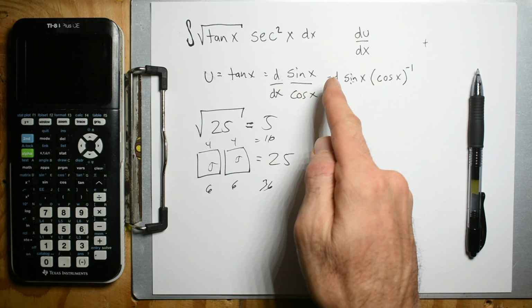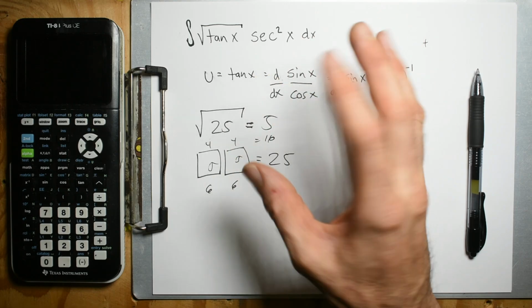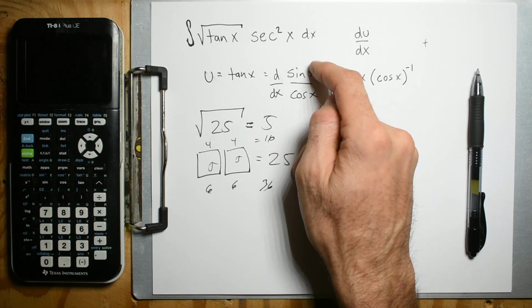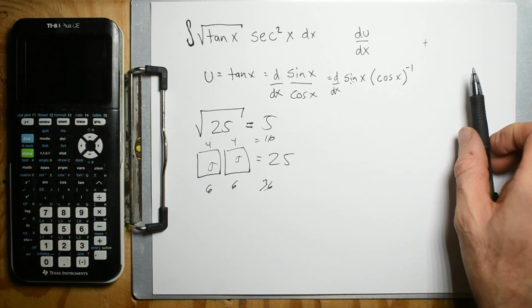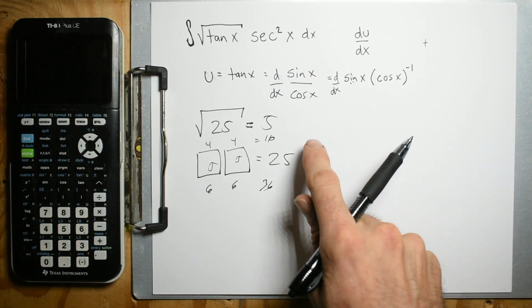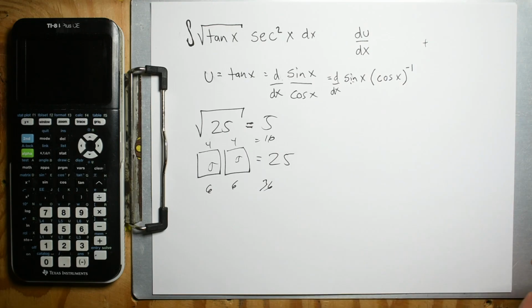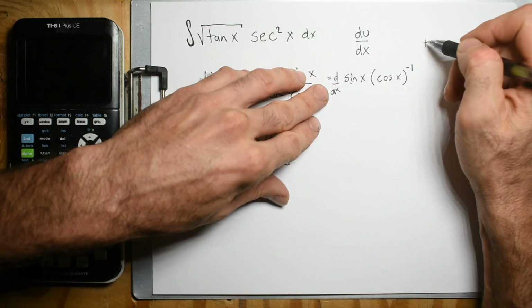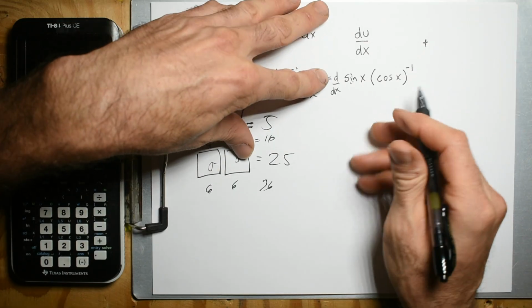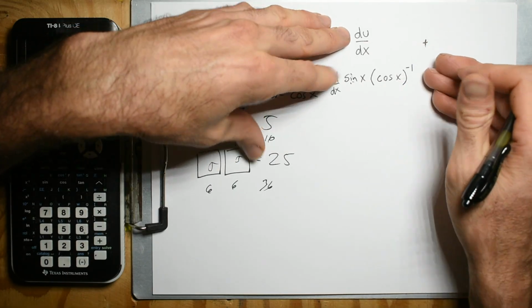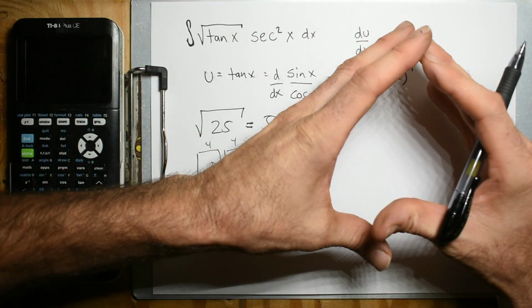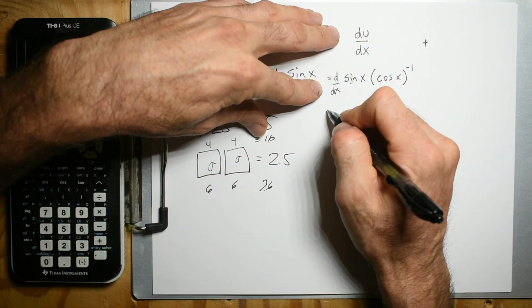Because of the minus, you'll be off by a negative if you did high d low minus low d high, or I don't even know what you'd be off. I don't know enough about math theory to say whether I'd just be off by a negative sign or a whole lot more. Where the product rule, because it's a plus sign, you can't go wrong. It gets a little uglier, but all you have to do is combine fractions, and that's a good skill as well. So here we go.